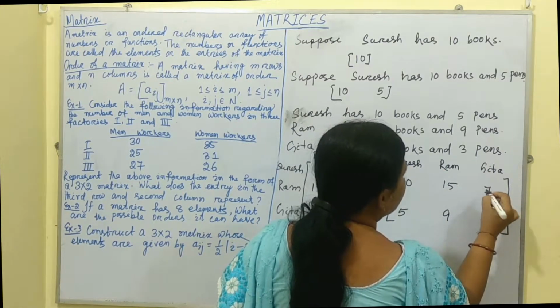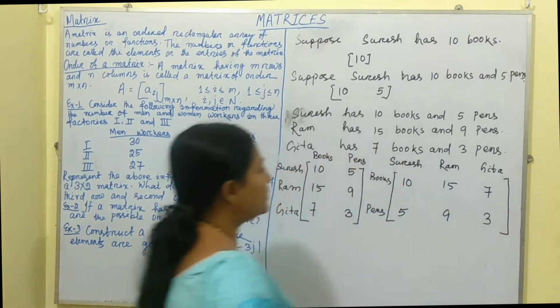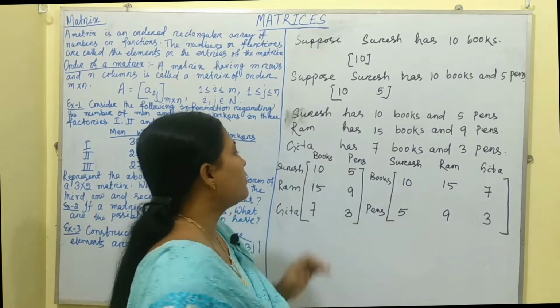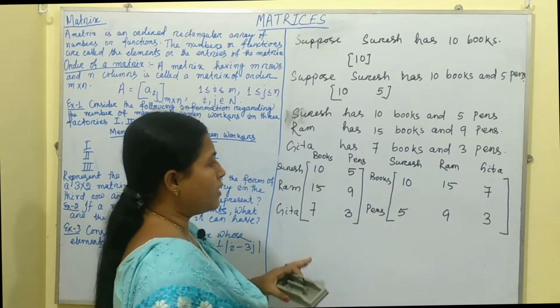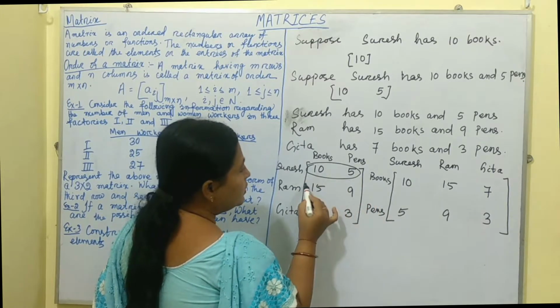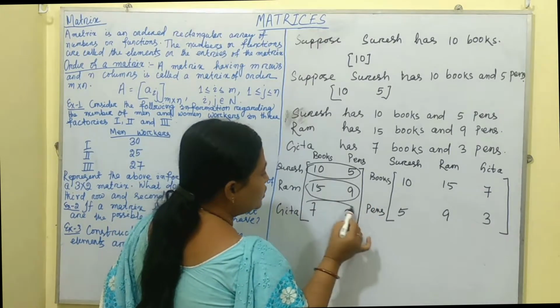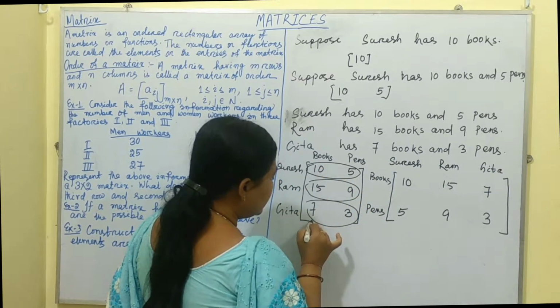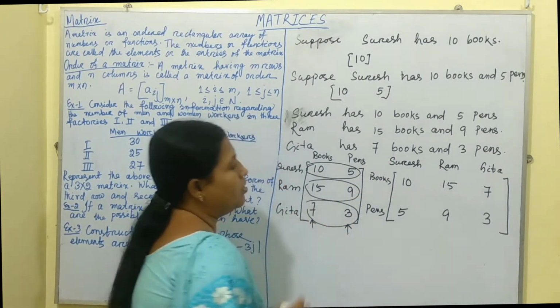Geeta has 7 books, 3 pens. So these two matrices are in different formats. These lines are rows, and these lines are columns.